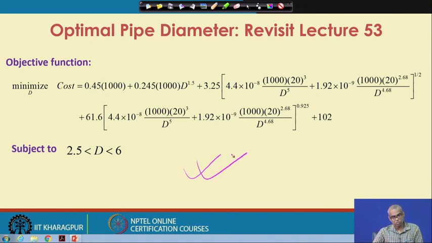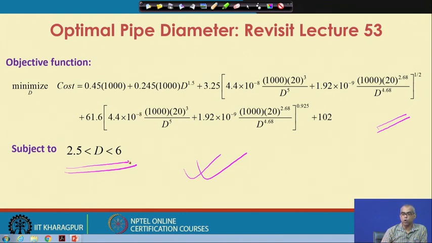The cost has been expressed as a single variable function of pipe diameter d by this long expression, and the optimal pipe diameter has upper bound as 6 and lower bound as 2.5.